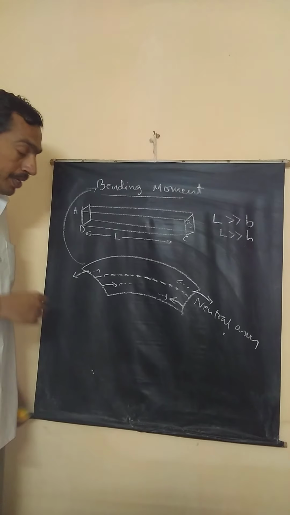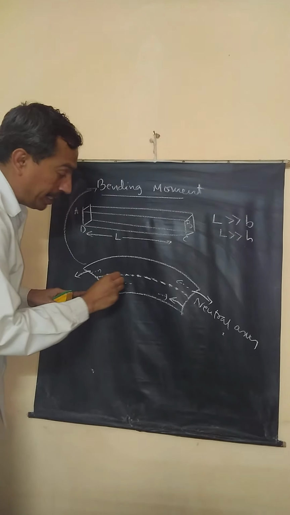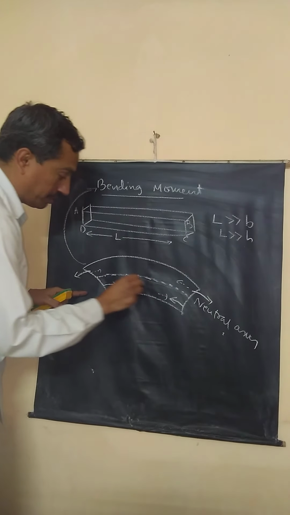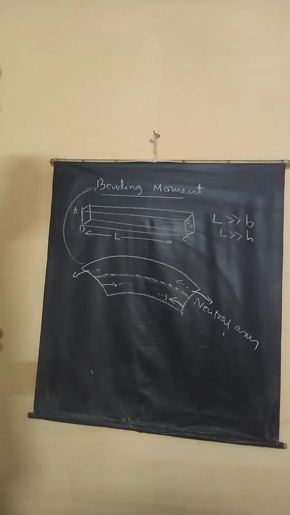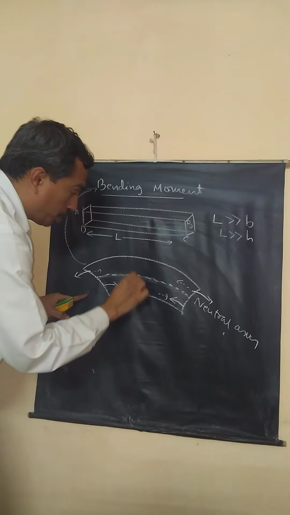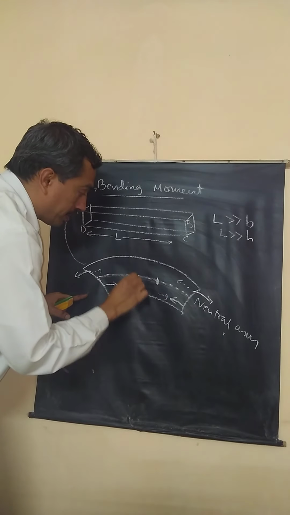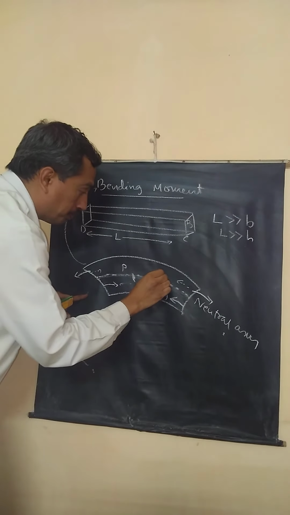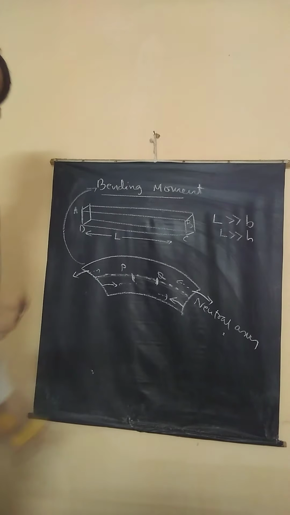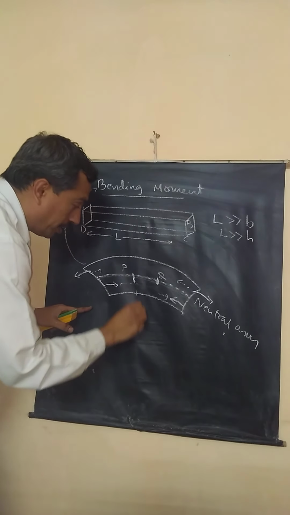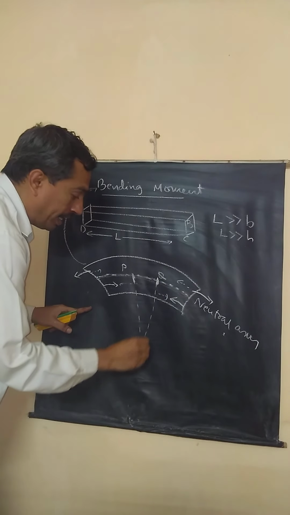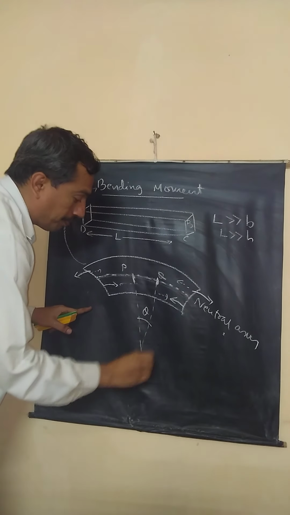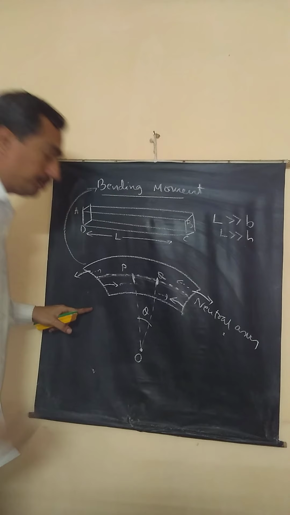It is easy. Now let us find the radius of curvature of this axis that is bent. Now I'll take a portion, I'll call this PQ, on the neutral axis. Let the section PQ subtend an angle theta at the center.